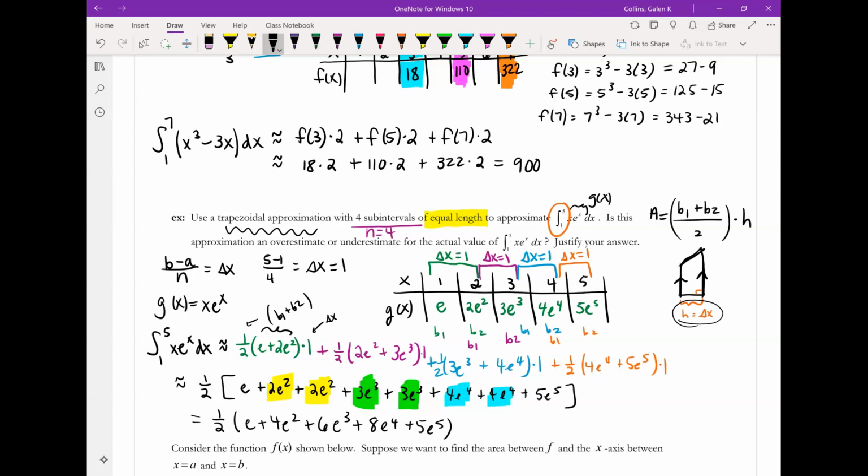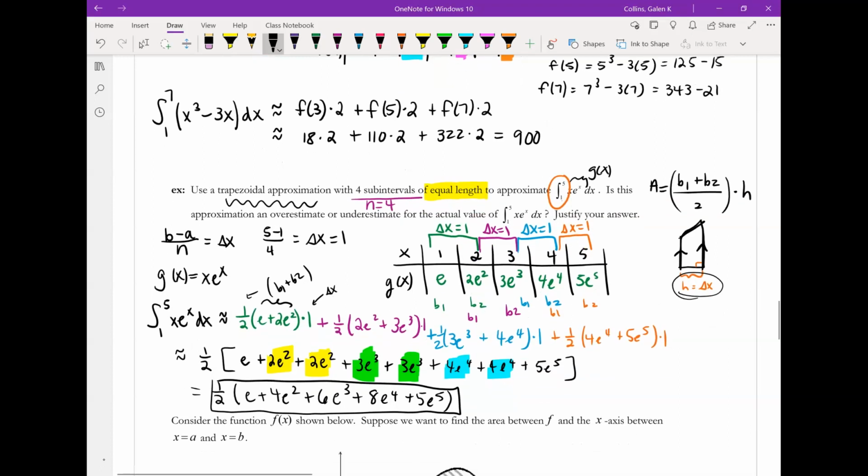So then we were asked if this is an underestimate or an overestimate. And remember, with the trapezoidal approximation, we have to go back to the concavity of the function. So I really need to know if g is concave up or down there. I know I didn't leave myself a lot of room for this. I'm going to find g prime of x in the bottom right.